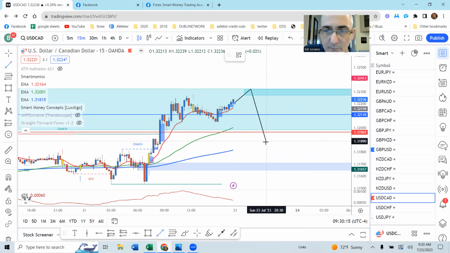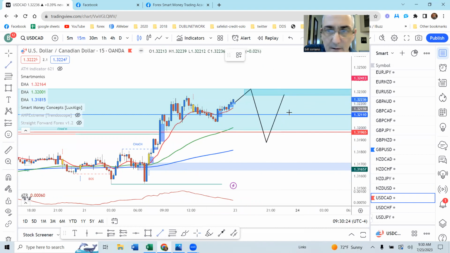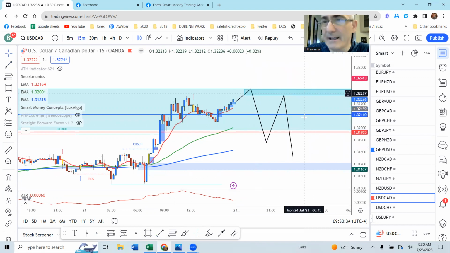And so then we would look for price to come back, hit our sell limit order right there, and then continue to the downside. And again, we only have to get a 1-to-2 risk to reward ratio trade to make our money, right? So it doesn't have to make a big move.